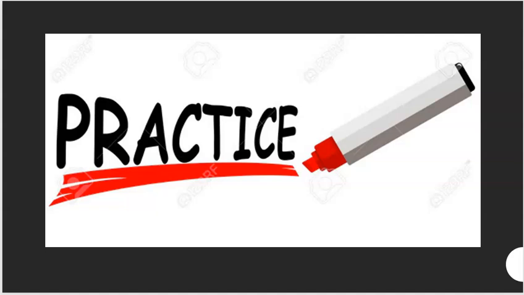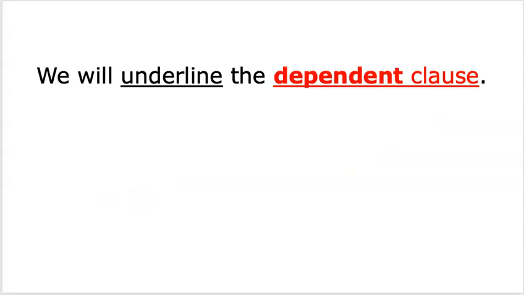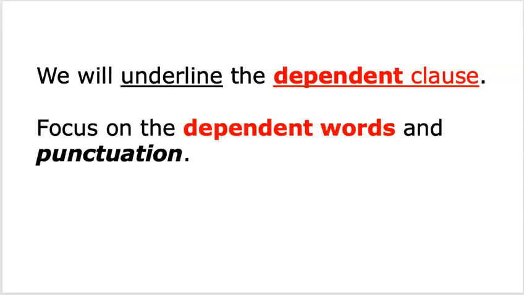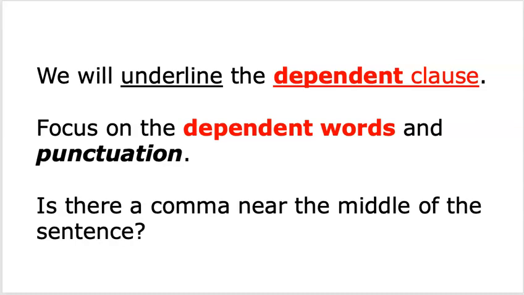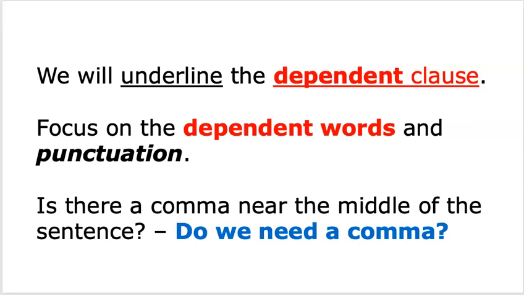Now let's do a little bit of practice. We will underline the dependent clause, and I will put the dependent word in red. As you're looking at the sentences, focus on the dependent words and on the punctuation. Is there a comma near the middle of the sentence? Do we need a comma?